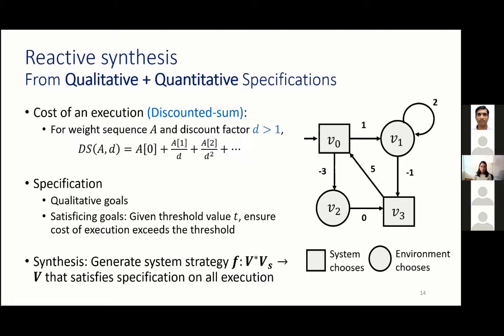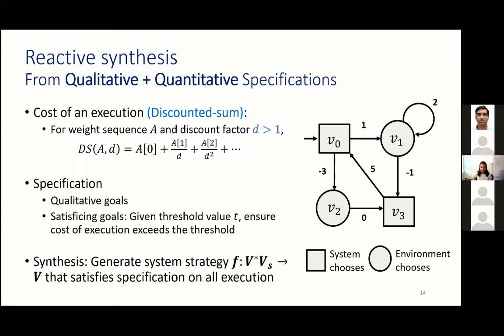And then the synthesis problem is, again, given a game and a specification, the specification combines quantitative and qualitative goals. Can we generate a strategy such that the strategy satisfies both the quantitative and the qualitative constraint at the same time on all executions?